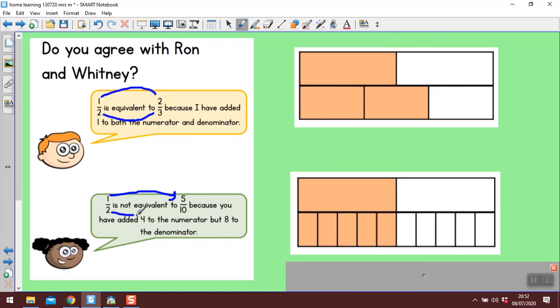And what's happened to the 2 to get to the 10 is it's been multiplied by the same number as the numerators. So what number has been multiplied to get to the equivalent fraction? Been multiplied by 5 each time. So when you're finding equivalent fractions, you've got to multiply the numerator and the denominator by the same amount.